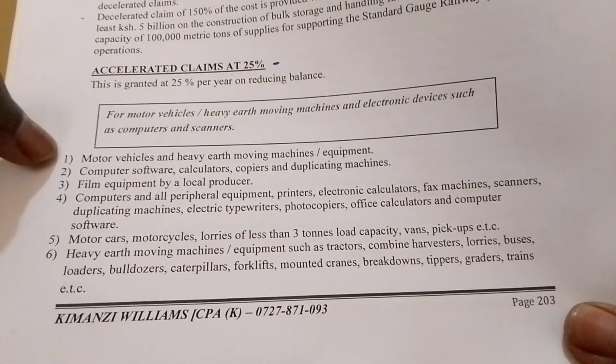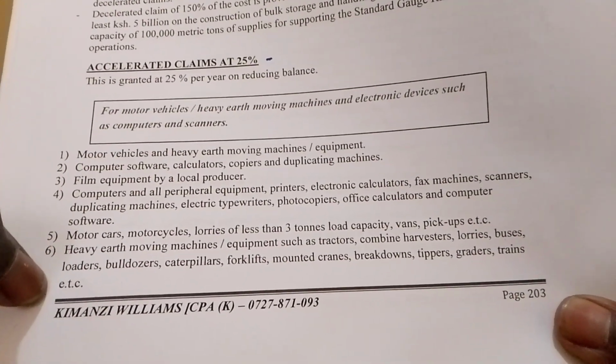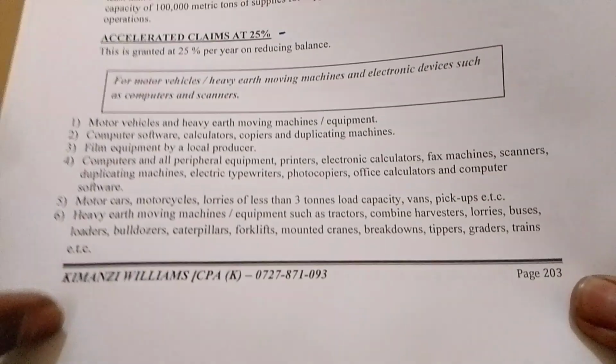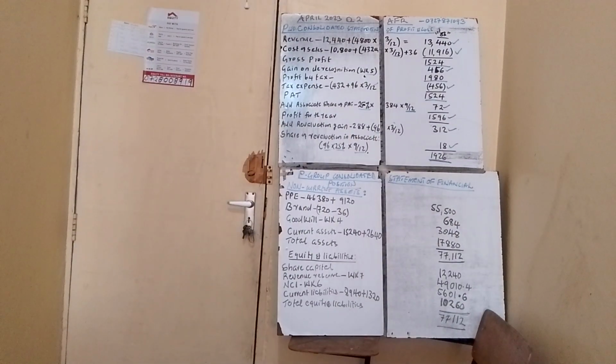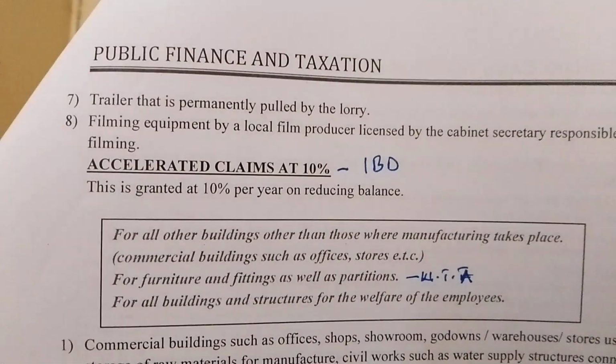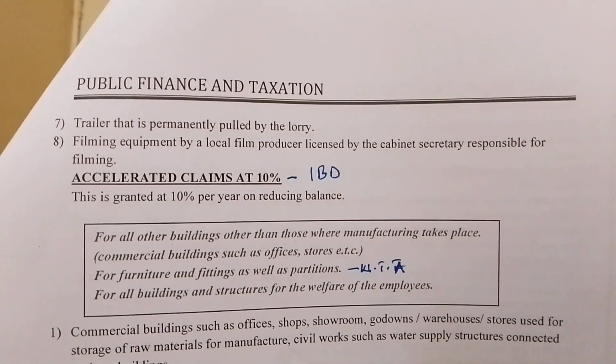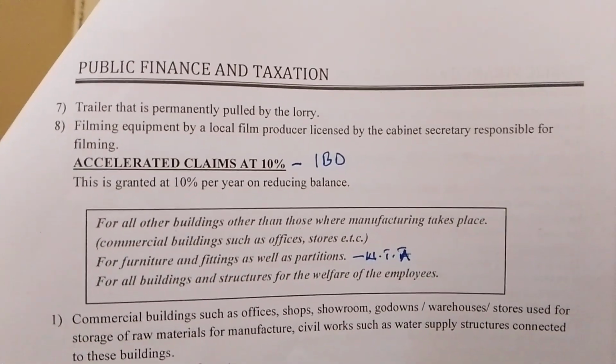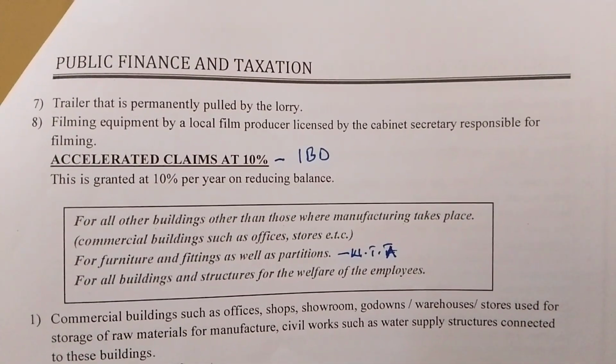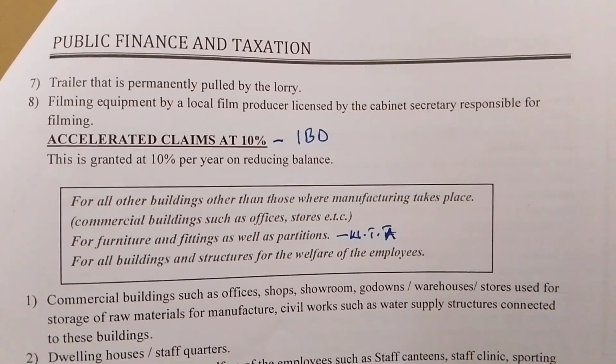So you can read from point 1 up to point 6. You need the book. So we go to page 204. There are 2 extra items there, which also qualify for the 25% rate: the trailer that is permanently pulled by the lorry, and the fuming equipment.